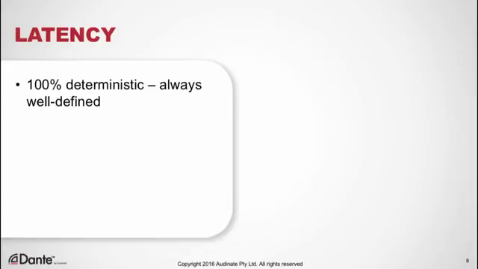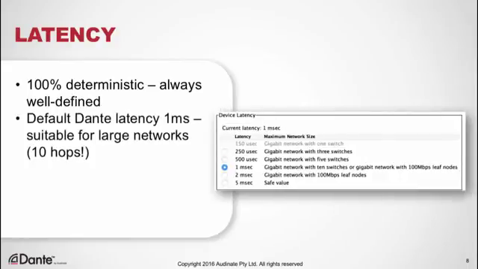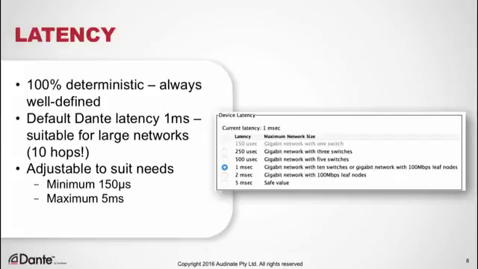At this setting, receiving devices can be as much as 10 switch hops away from transmitters, a situation applicable to only very, very large networks. You can set Dante devices to go as low as 150 microseconds or as high as 5 milliseconds to suit different needs. And this setting is made on a per-device basis.